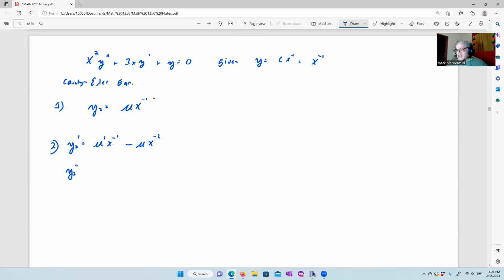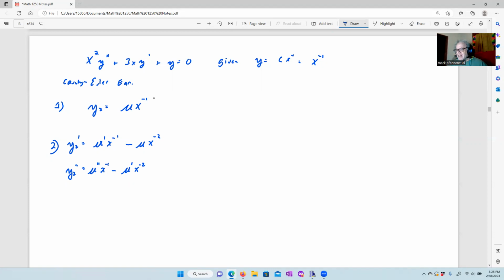Y2 double tick. Now we've got to take the derivative of this piece. So again, we have more product rules. The derivative of the first, which is going to be u double tick times x to the negative 1, derivative of the first times the second, plus the first times the derivative of the second. So that's this piece here.